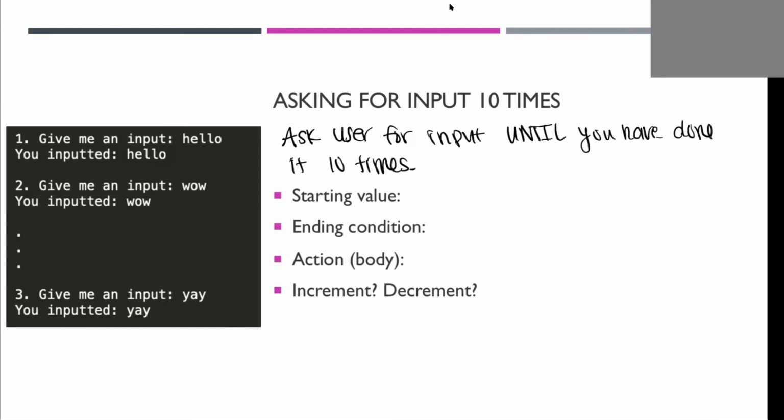So that tips you off that you need to count. So when you first start your code, you have asked 0 times, which indicates that your starting value of the number of times asked is 0.